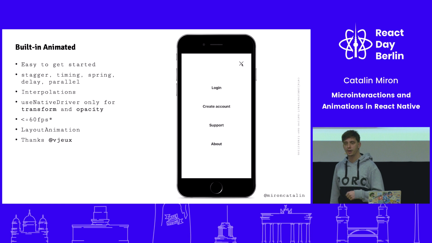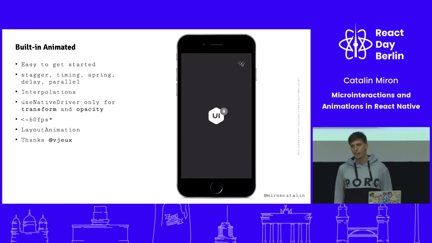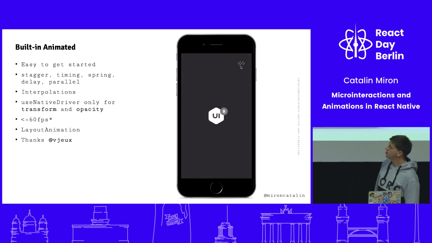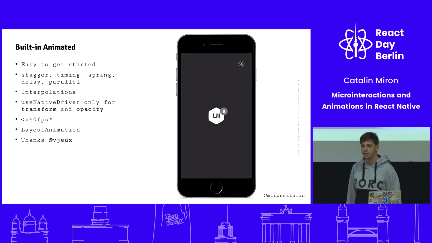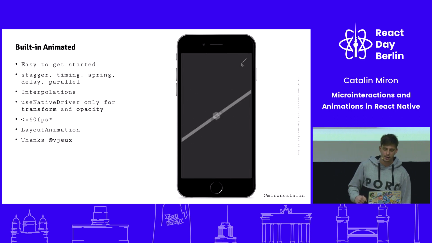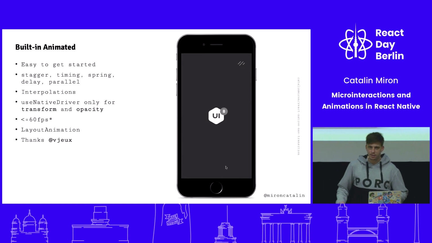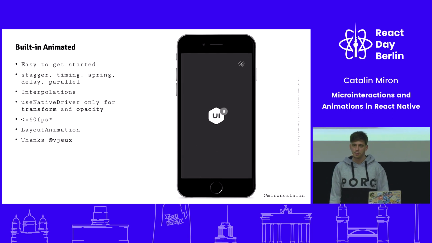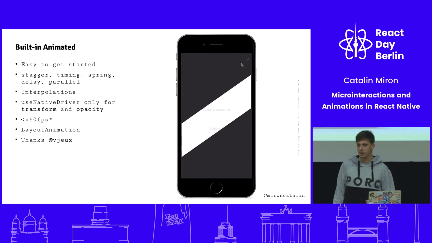It's using the native driver only for two, I would say, types of animations, like what you can actually achieve on the native thread, and that's the transform and the opacity. It requires some talent in a way or another to achieve 60 FPS, and it also has support for layout animation.